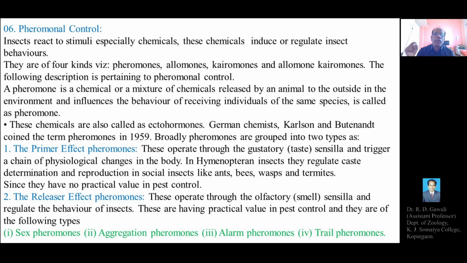The releaser effect pheromones operate through the olfactory sensilla, or the olfactory sensation, that is the sense of smell.